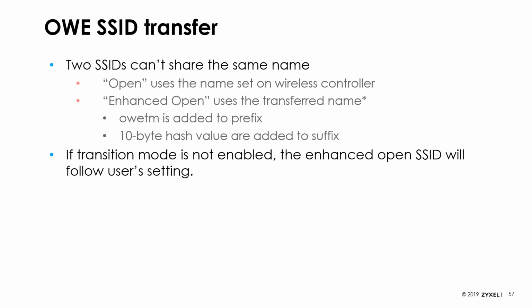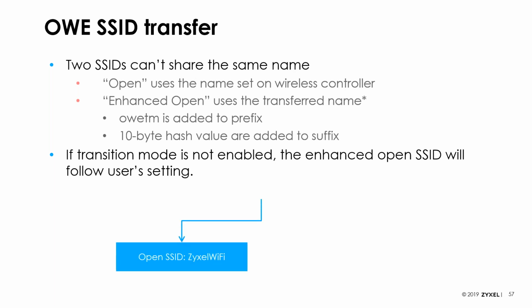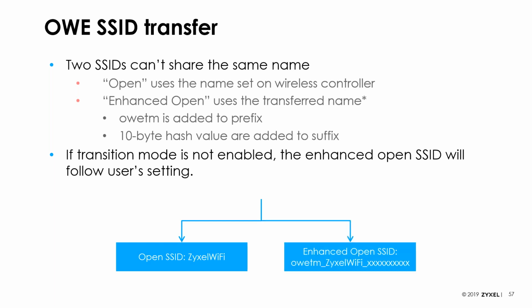Obviously, since two SSIDs can't share the same name, there will be a 10-byte suffix added to the SSID name. So even though the visible SSID name is Zyxel Wi-Fi, in the background there is created an OWTM Zyxel Wi-Fi XXXXX SSID, which the clients connect to.